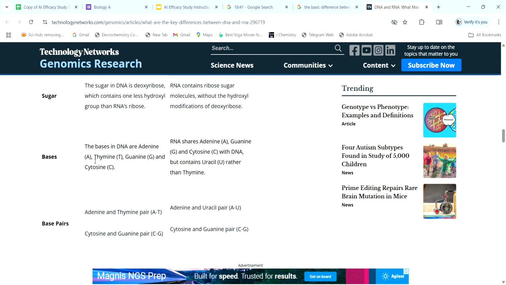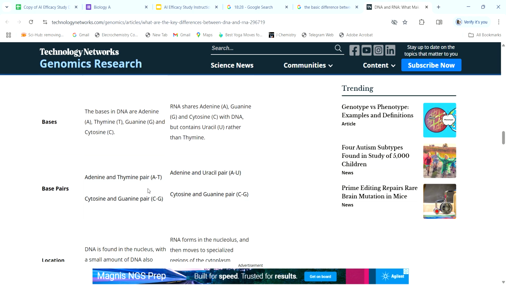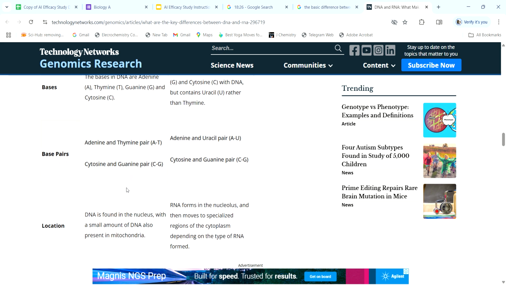RNA shares adenine, guanine, and cytosine with DNA but contains uracil rather than thymine. So base pairs in DNA are adenine-thymine and cytosine-guanine. In RNA, adenine pairs with uracil, whereas cytosine pairs with guanine.